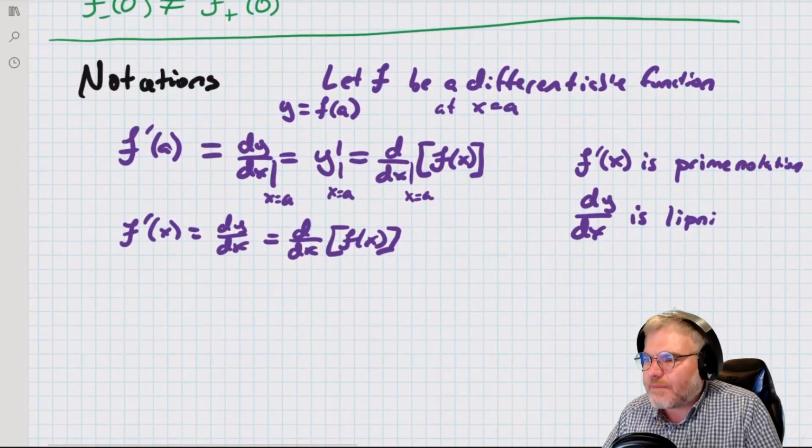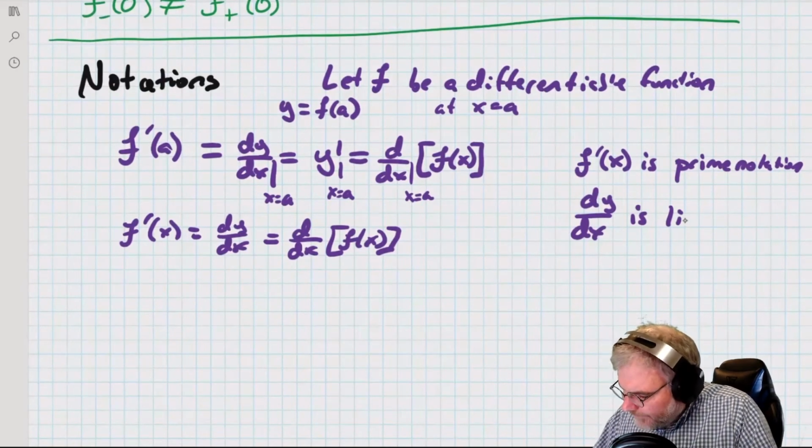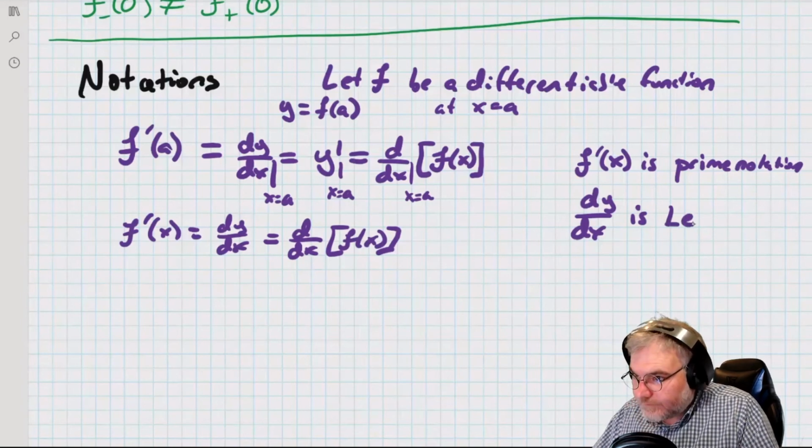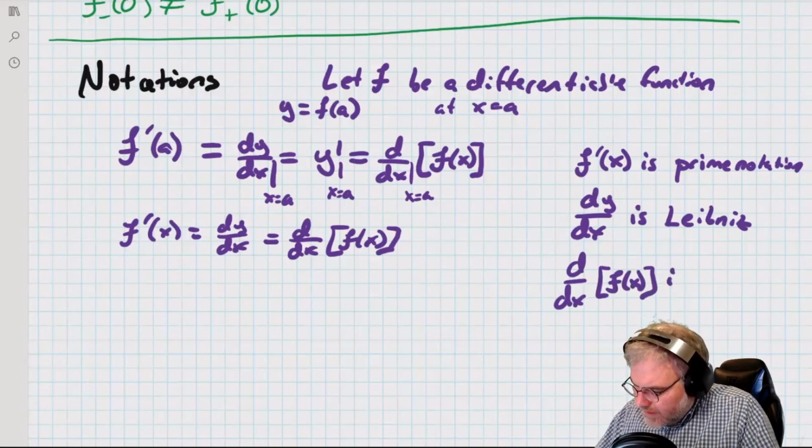It's written on the top, but I can't get his name for some reason in my brain. L-E-I-B-N-I-Z. And d over dx of f of x is operator notation.